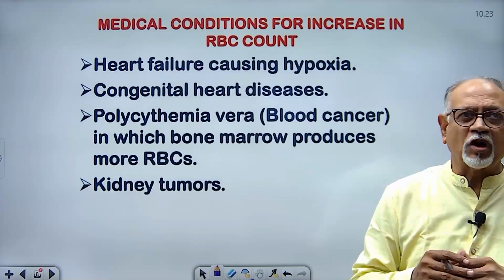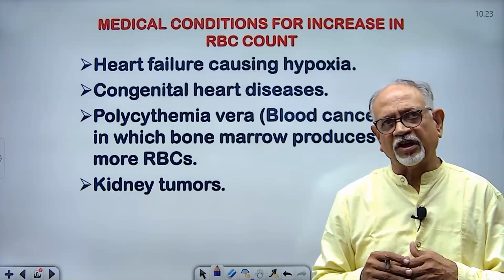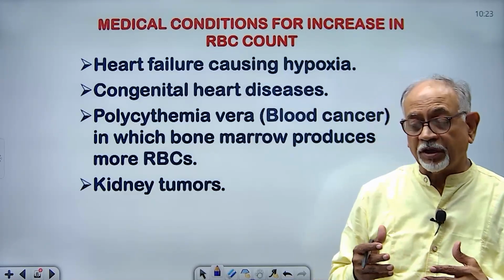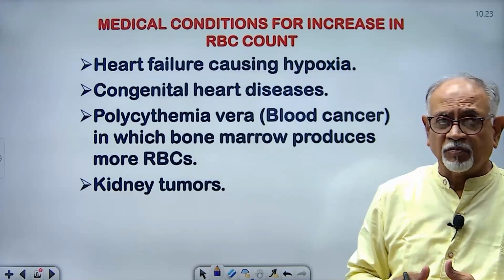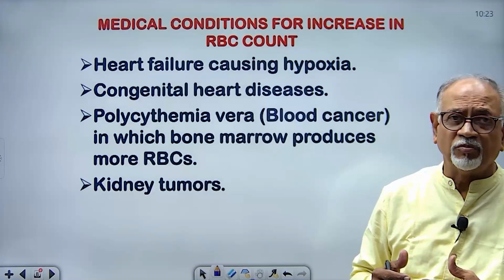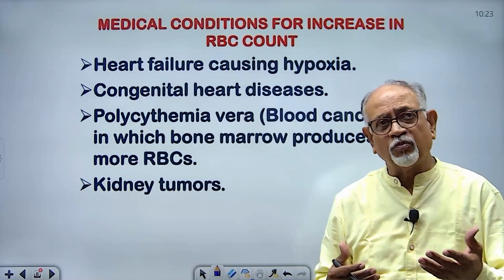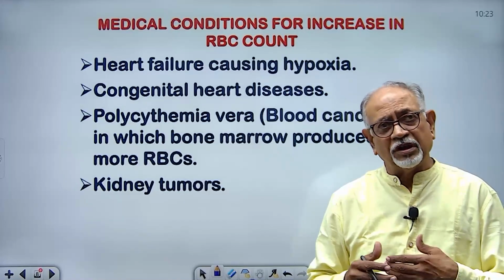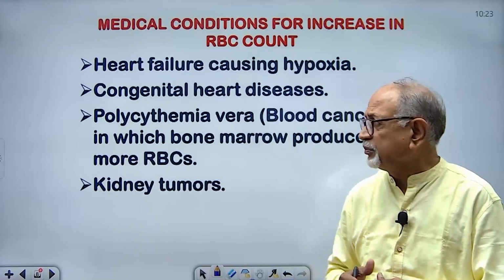That leads to hypoxia. And in case of hypoxia, always the kidney secretes a proteinaceous hormone called hemopoietin, which increases erythropoiesis in the bone marrow. That is how the number of RBC increases.